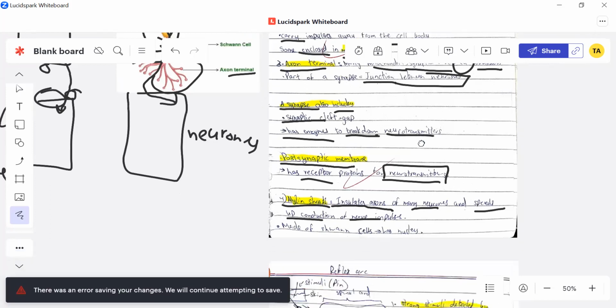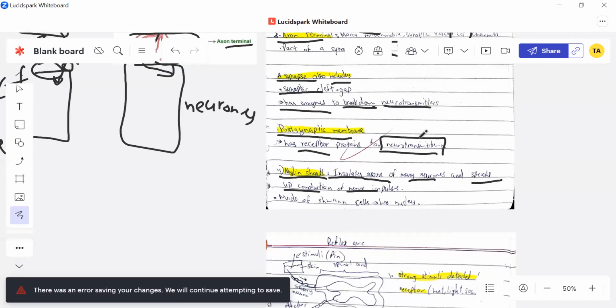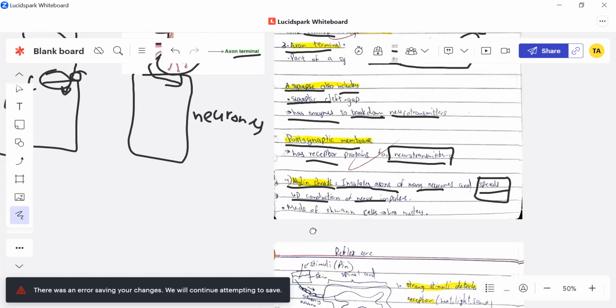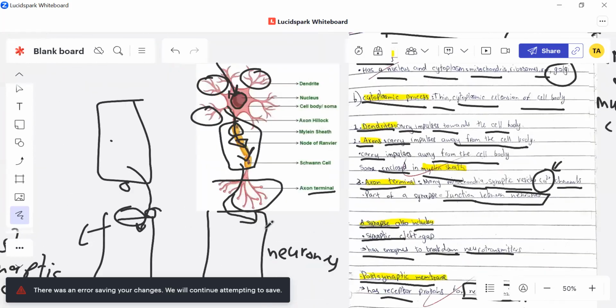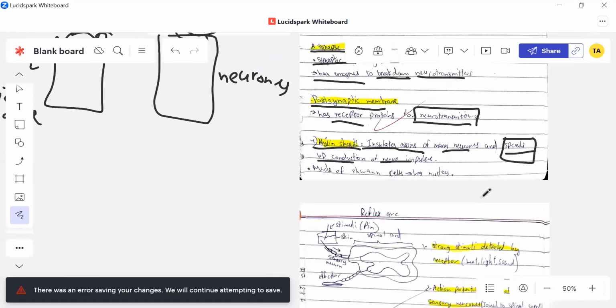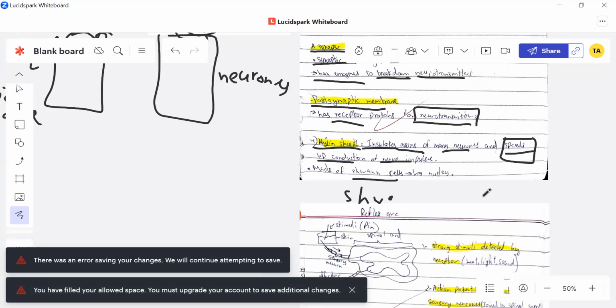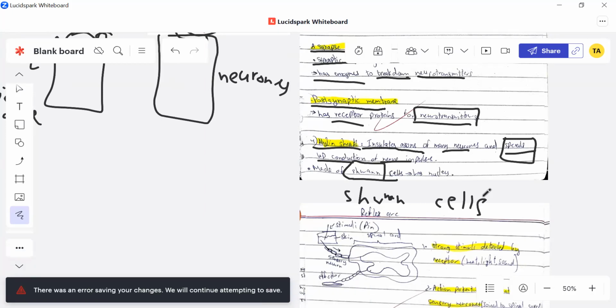So the job of the myelin sheath is that it allows the axon to increase the speed of conduction so that impulses can travel much faster than normal. Right. And this myelin sheath is made of something called Schwann cells. I can't really pronounce this, but you should memorize this. And these cells have a nucleus, remember.